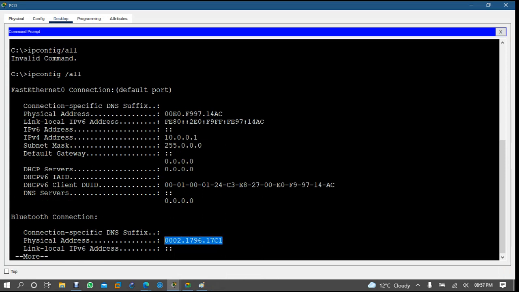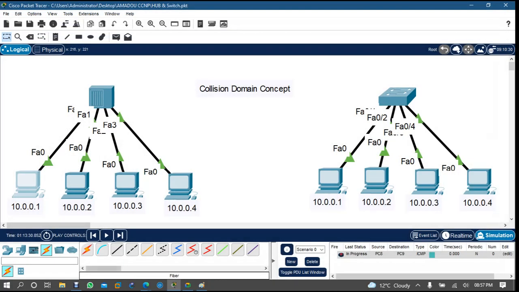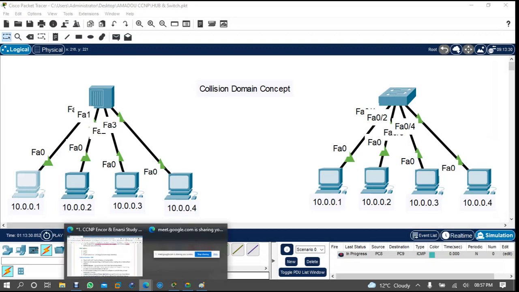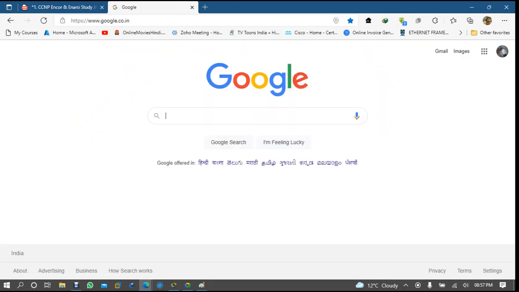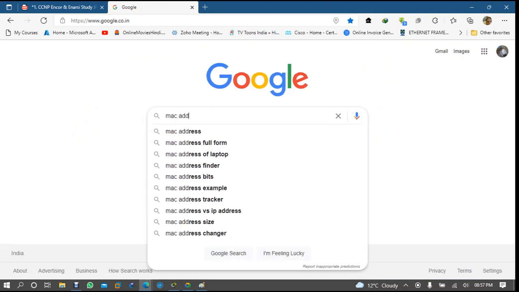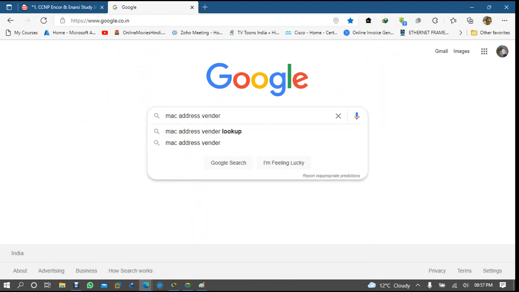Yes. So let's copy this one, and come here to the MAC address vendor lookup.